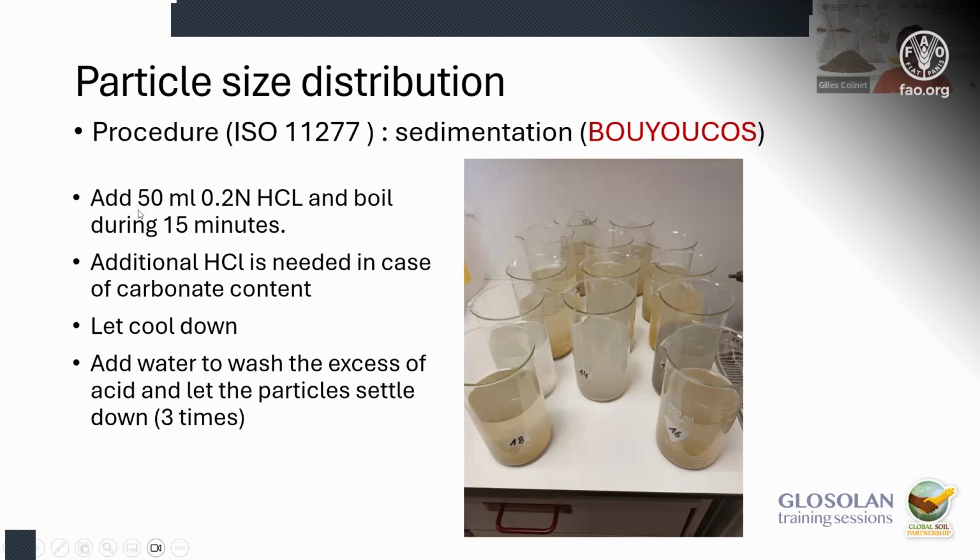We use 50 milliliters of 0.2 normal HCl. I know that others use 10 milliliters of one normal HCl. And boiling. If you have carbonate, you must put additional HCl. For every percent of carbonate content, you add some more milliliters of concentrated HCl.